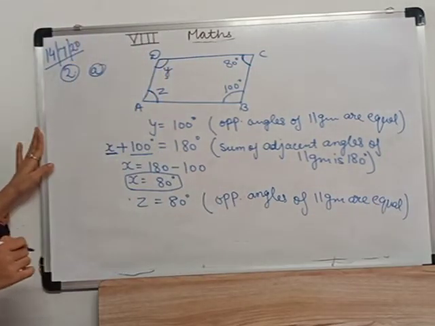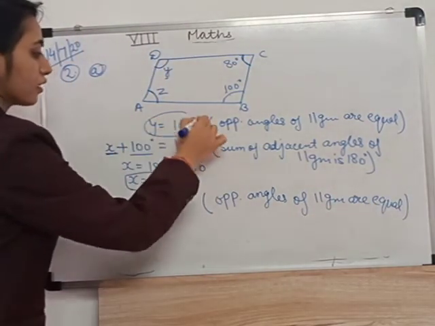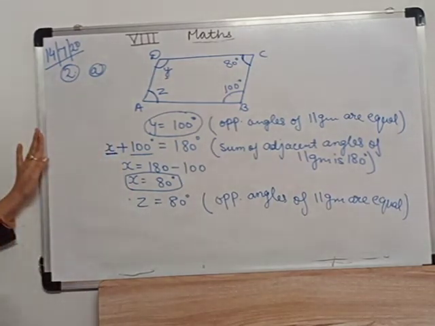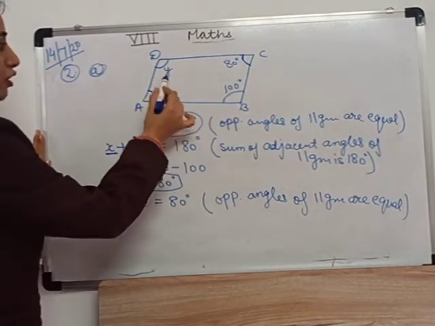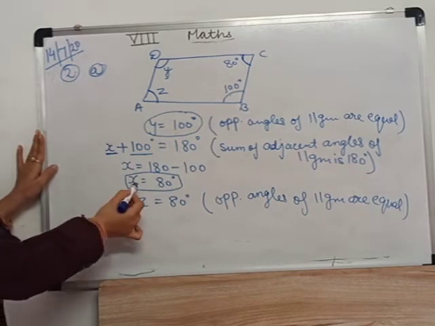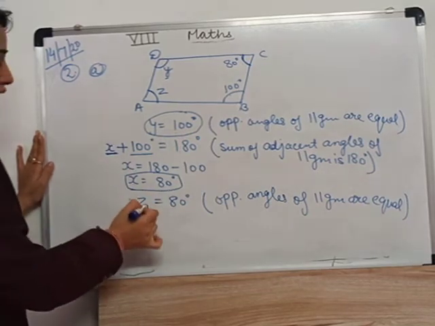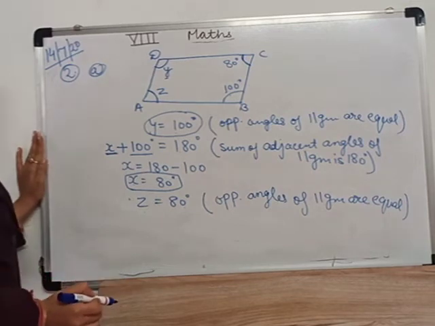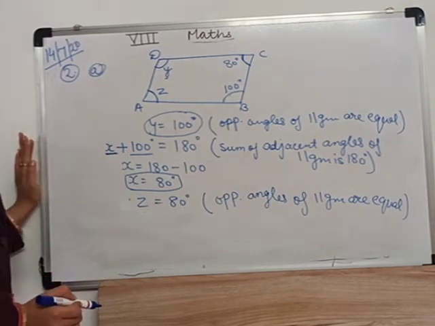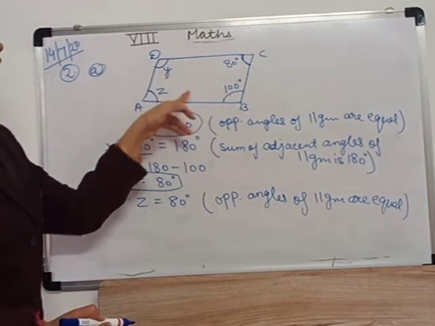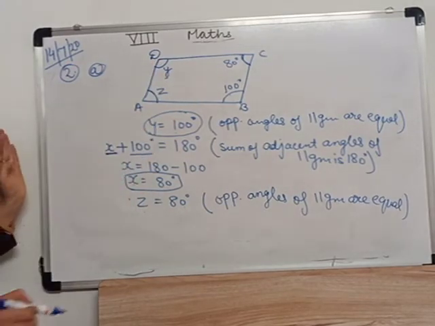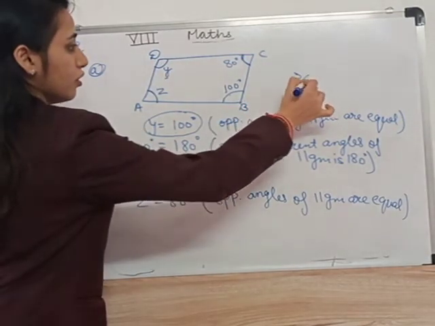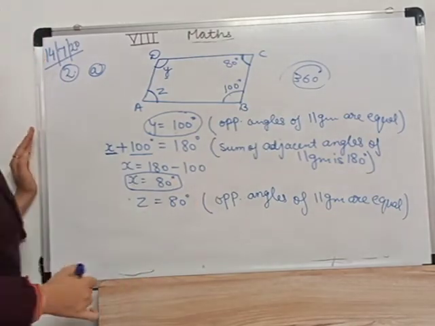Okay. In this way we can find the values of our unknown variables. So the value of y is 100 degrees, x is 80 degrees and z is 80 degrees. This is our answer. And how can we check our answer? We know the sum of all the angles of a quadrilateral is 360 degrees.